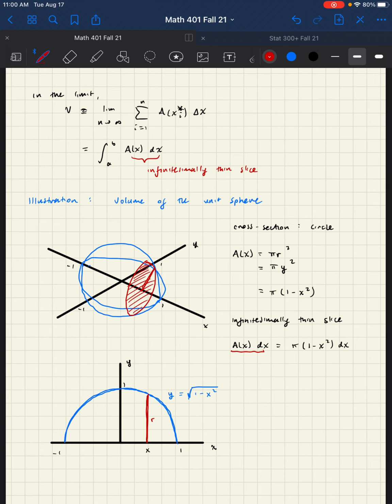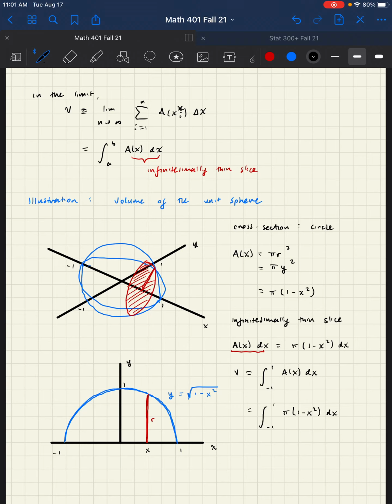Now we just have to integrate all of those for x ranging between -1 and 1. And on the next page, remember that the total volume is going to be the integral from -1 to 1 of pi (1 minus x squared) dx.